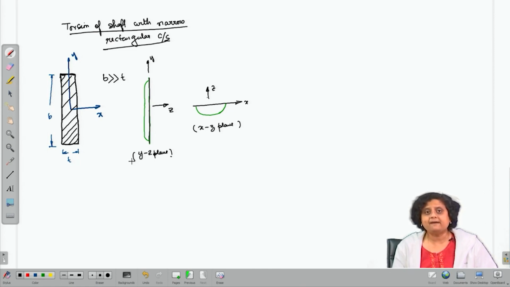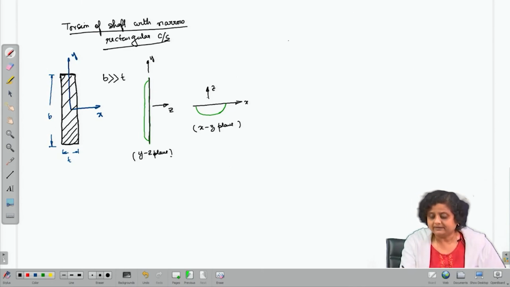Now imagine this deformed shape, and let us try to figure out the Prandtl stress function from this. The Prandtl stress function is analogous to this deformed shape that I have drawn using green color. From this green color shape, which varies in the xy plane, let us try to imagine the corresponding Prandtl stress function. Now, let us make some assumption.